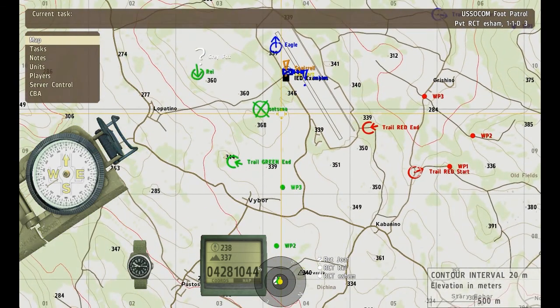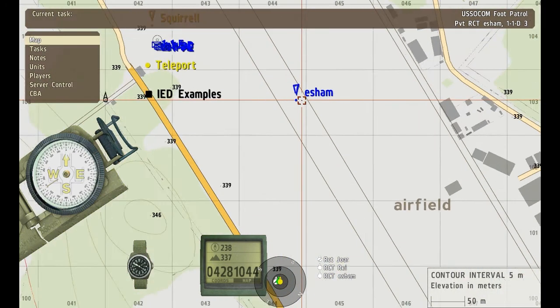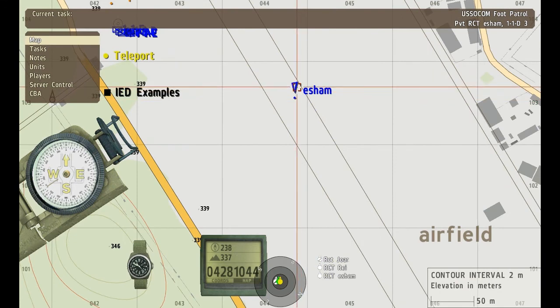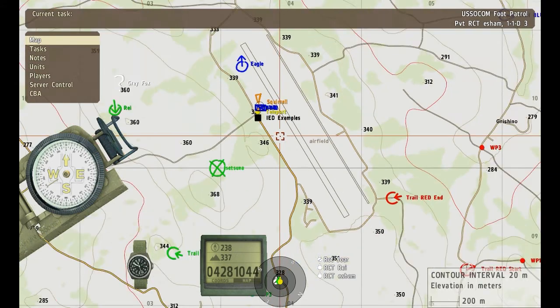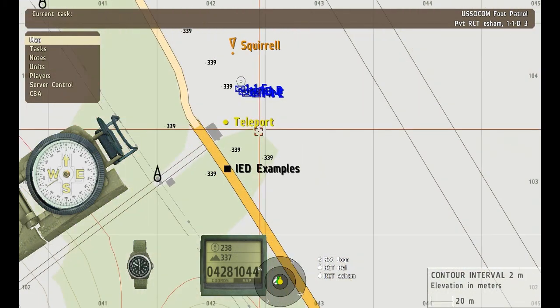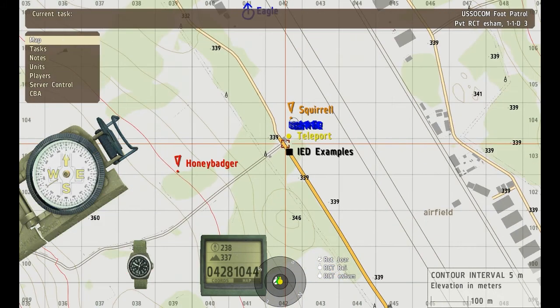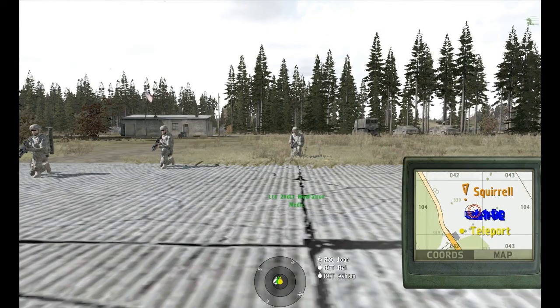Don't delete them just yet, keep them up so I can identify who's done it or not. And if you're holding delete, you can move your mouse around to delete markers in a row. The primary use for getting rid of a row of markers is something like this. You can see I'm making a black dotted line. This would be used for navigation. And if I just want to get rid of it, hold delete, move the mouse, and you can see it's vanishing.